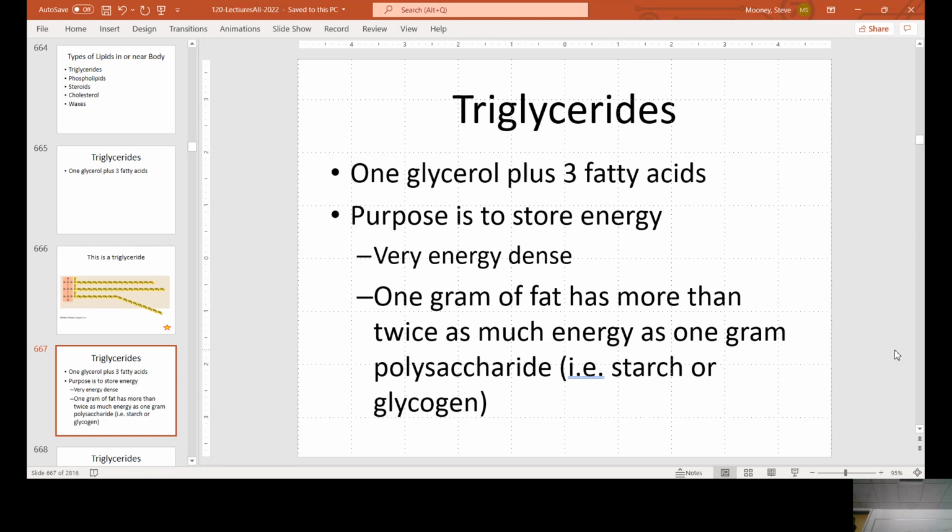If anybody remembers from nutrition, we had carbohydrates at 4 calories per gram, protein, 4 calories net per gram, and then fat was 9. So that's more than twice as much energy in a given gram of fat.